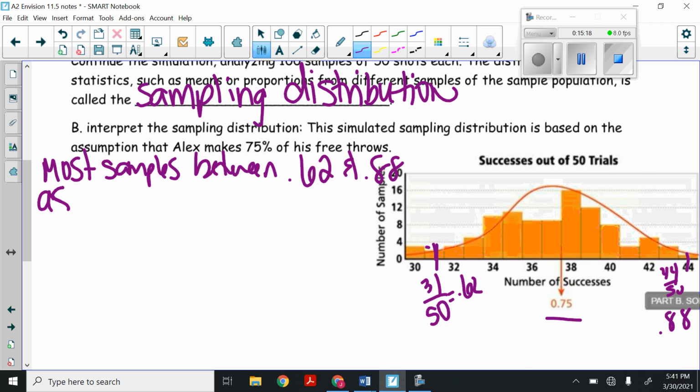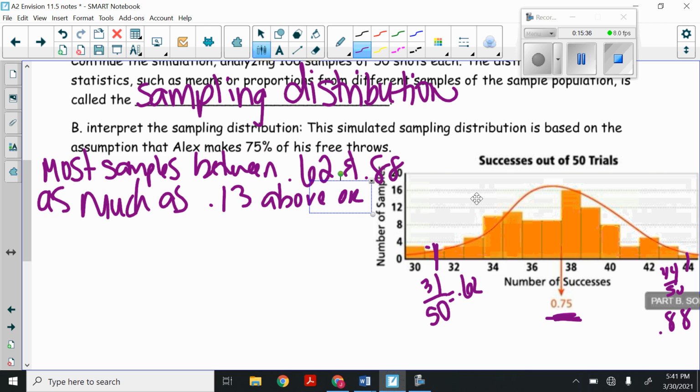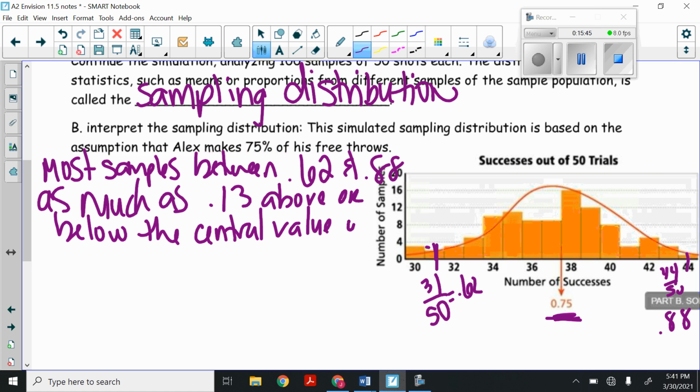So this is as much as, okay, this is my average, 0.75 minus 0.62, so that's as much as 0.13 above or below the central value of 0.75.